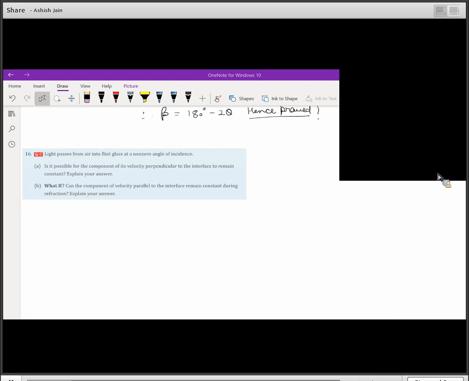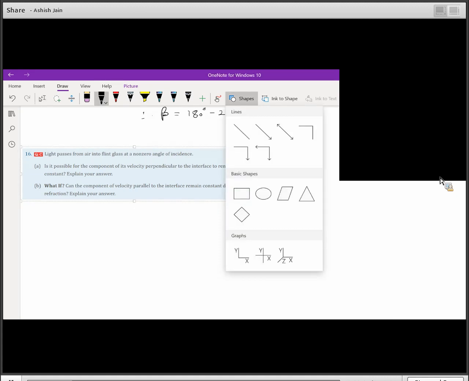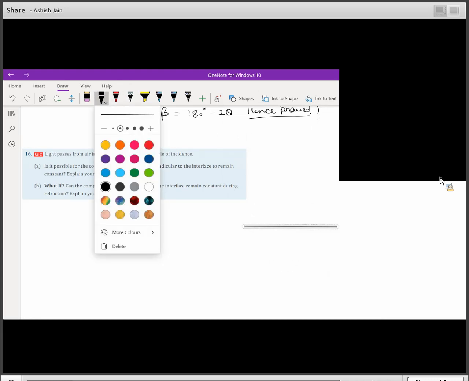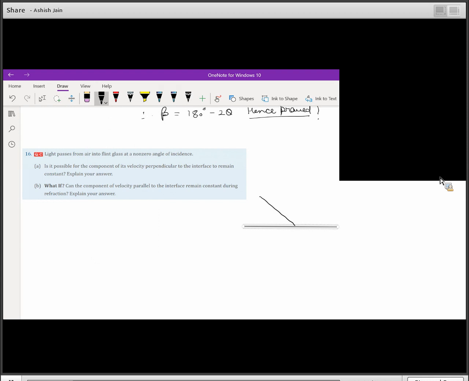Okay, so the second question is: light passes from air to flint glass at a non-zero angle of incidence. Let's draw them. So you have a boundary and then you have a beam. That is air, that is flint.